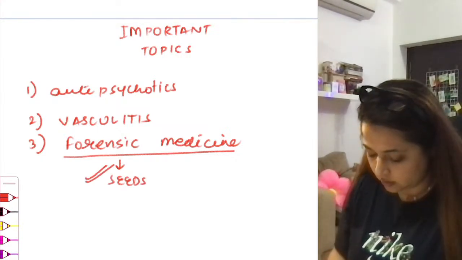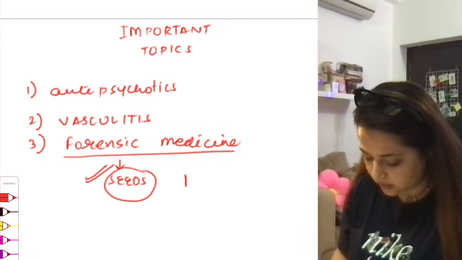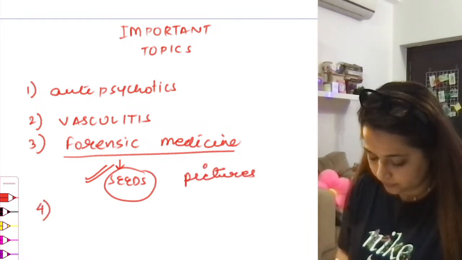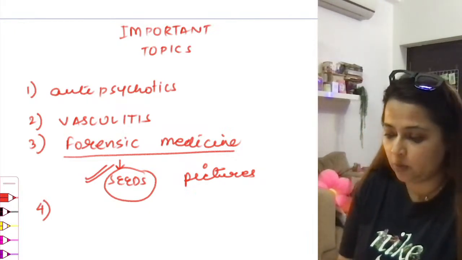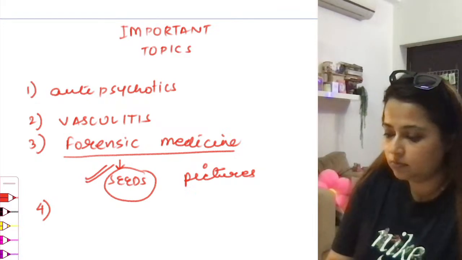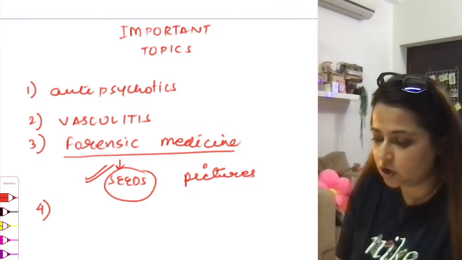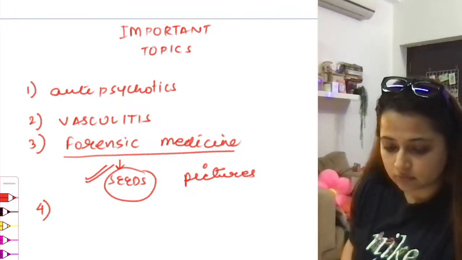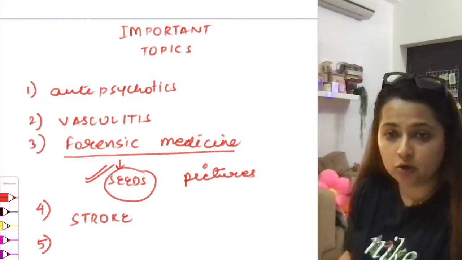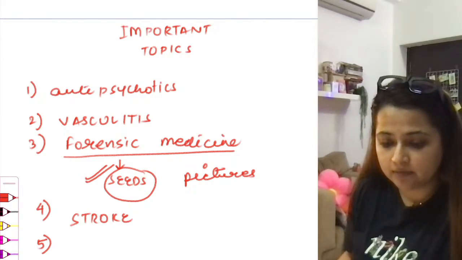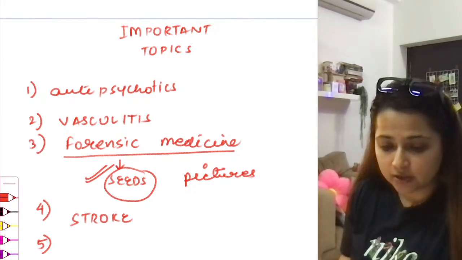So toxic components, the seeds, the pictures, they are important. And you should know the active component of the poison. So poisoning is really important. Then we're going to talk about stroke. So you should know different types of stroke depending on the vessel involved, what will be the presentation, okay?